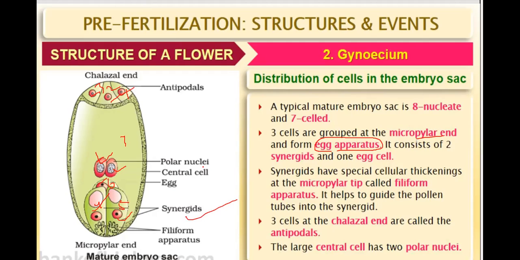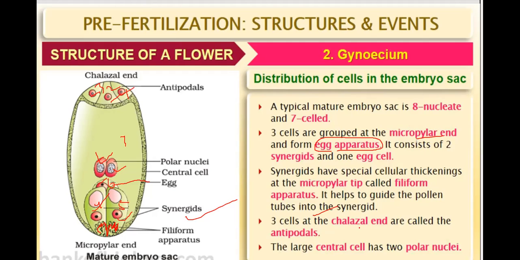Synergids have special cellular thickenings at the micropylar tip called the filiform apparatus. These thickenings are called the filiform apparatus. The filiform apparatus helps to guide the pollen tubes into the synergids.